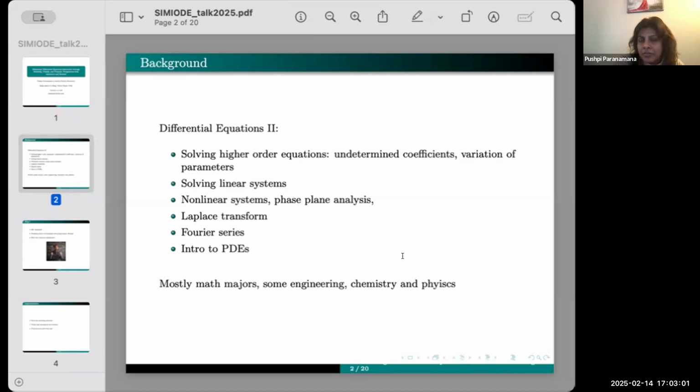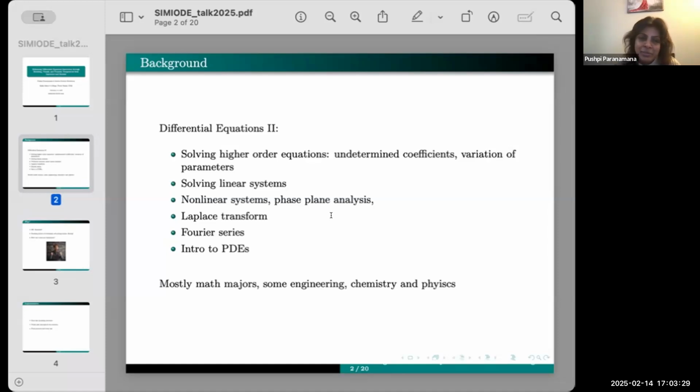The class I'm teaching covers higher order differential equations, linear and nonlinear systems, phase planes, so cool stuff, and then Laplace transform, Fourier series, and I do a little bit of introduction to the heat equation, and that's about it. That's the end of the semester. I wish we had more time to do PDEs, but we don't.